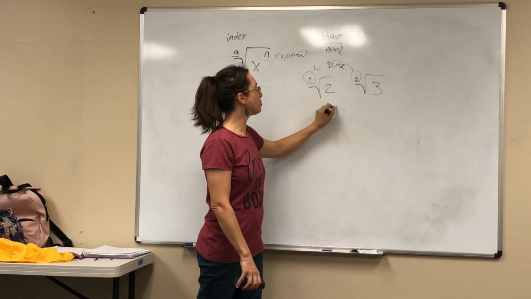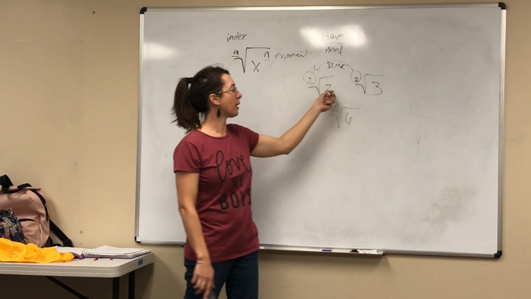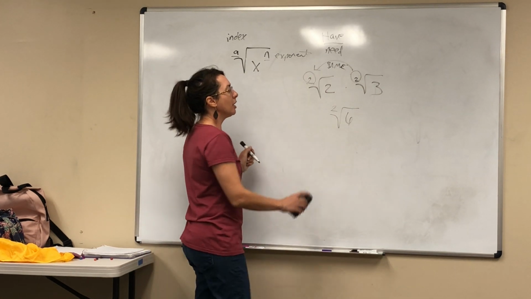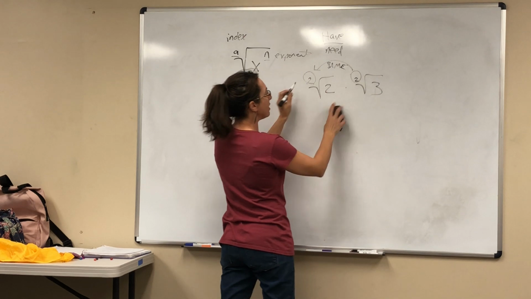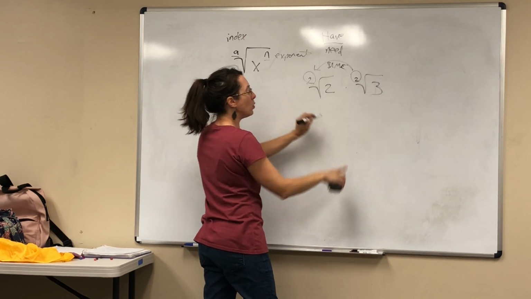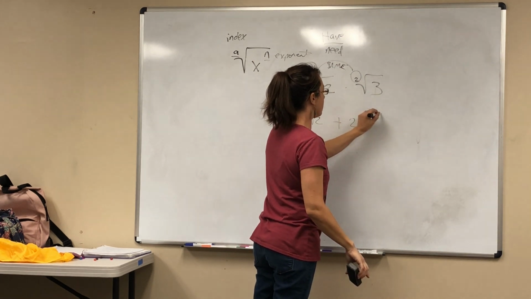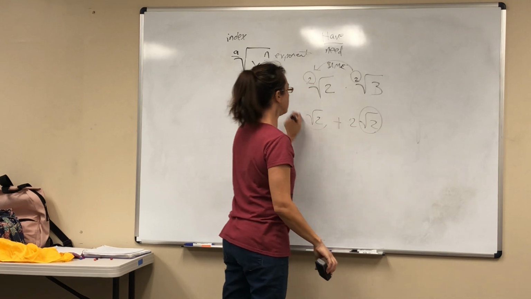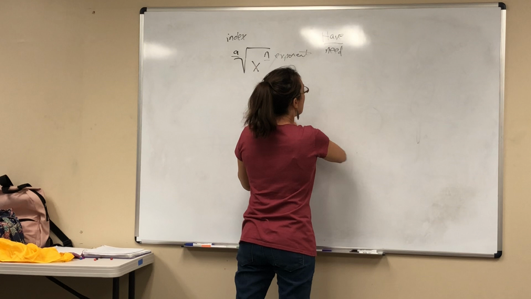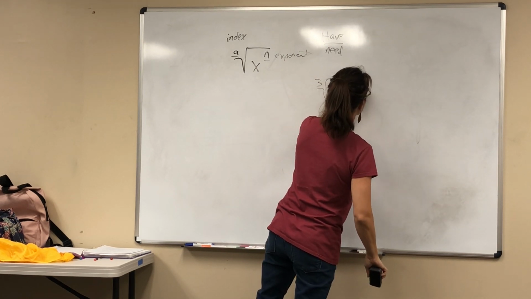So this would just be 2 square roots of 6, correct? So we multiply what's underneath the radical, our index stays the same. So that works out real easy when we're multiplying and our index is the same, or when we're adding and our roots are the same, correct? Easy breezy.